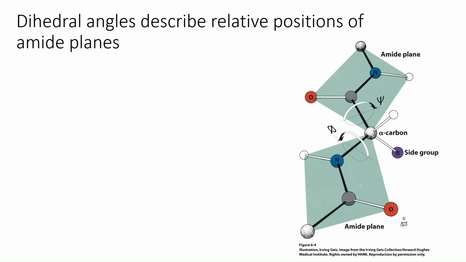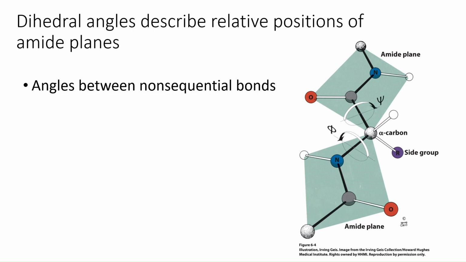And so all of the bonds surrounding that partial double bond are going to be fixed because of the disallowed rotation around that central bond. And that allows for the definition of two dihedral angles between the amide planes.